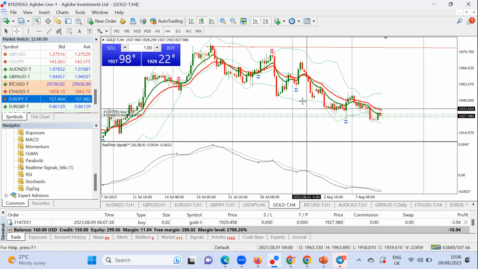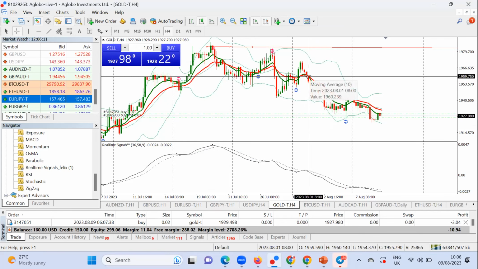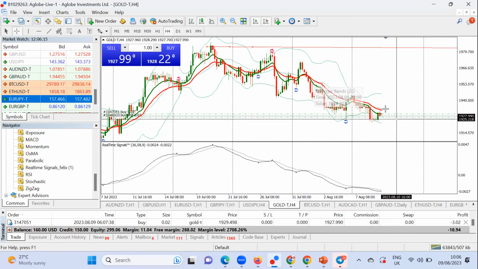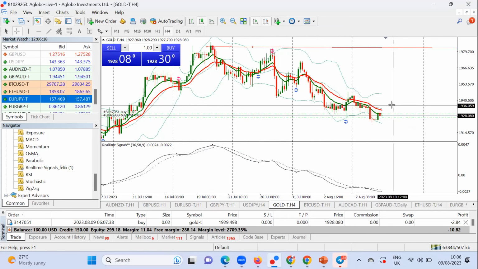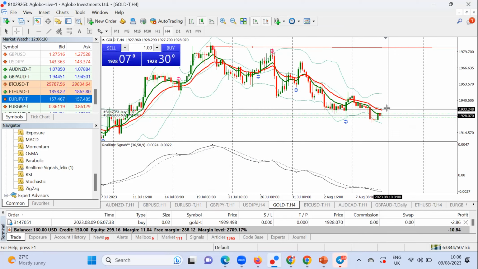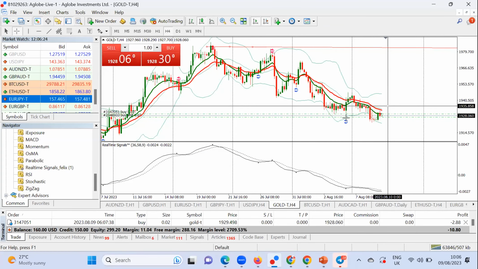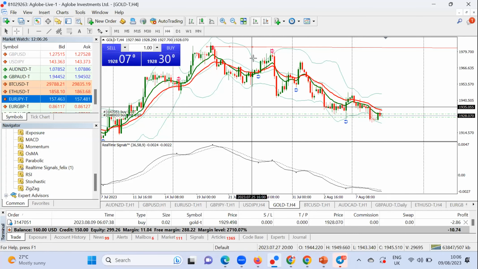So you can see the guy was not making up. Here, collapse, collapse. So you want to see this cross above this, and that is 1933, 34. If it crosses neatly, then you have a change of direction. So I hope this is well explained.